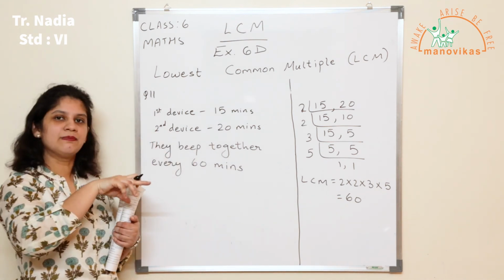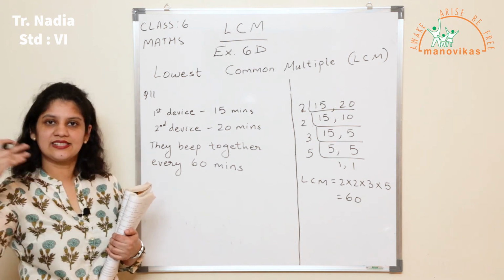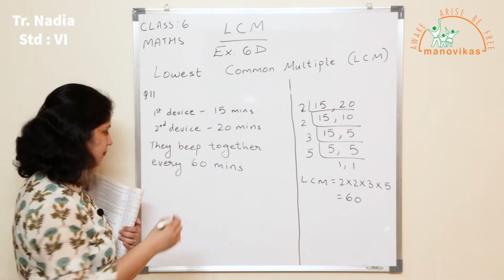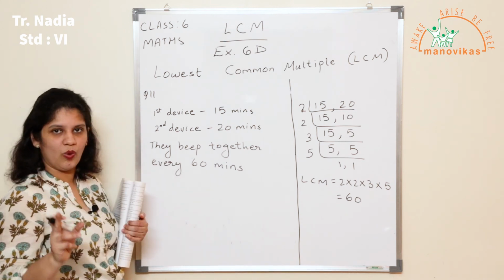So if they last beeped at 10 a.m., when will the next beep be? Exactly 60 minutes after 10 a.m. So what will be 60 minutes after 10 a.m.? 60 minutes means 1 hour.